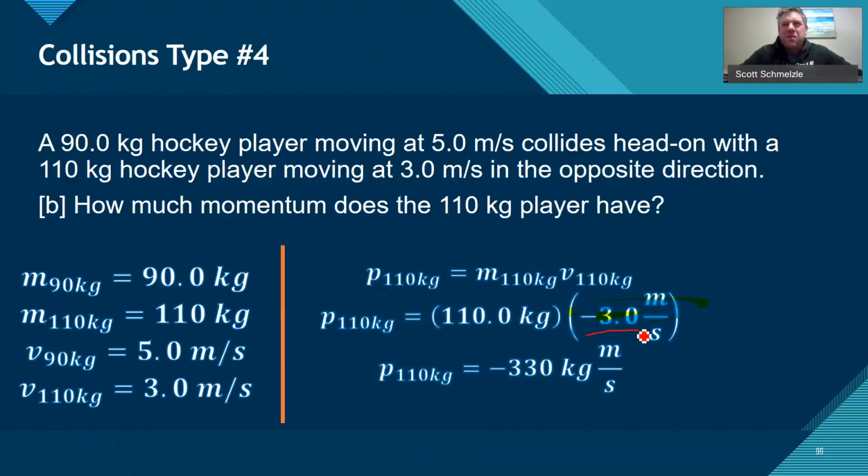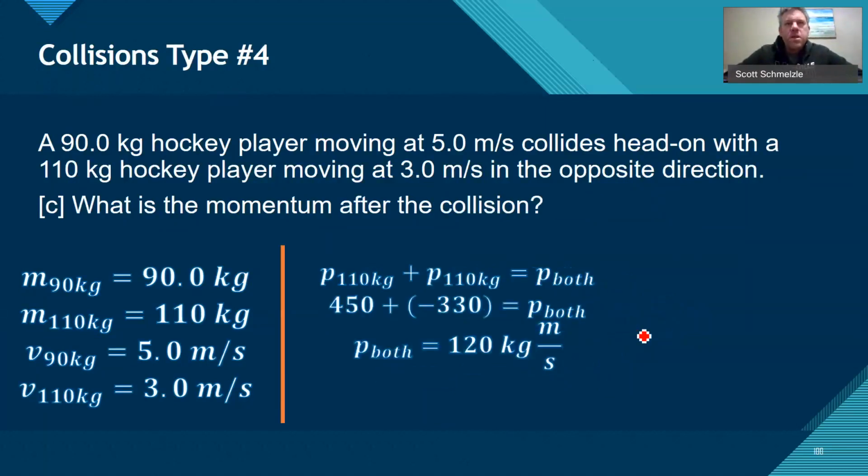So notice the -3. I chose the second player to be going the opposite direction, whichever way you want to go. The actual problem directed that they were going in the negative direction, but in the grand scope of it all, I just chose that one, so to speak. So this one is going to have -330 kilogram meters per second of momentum.